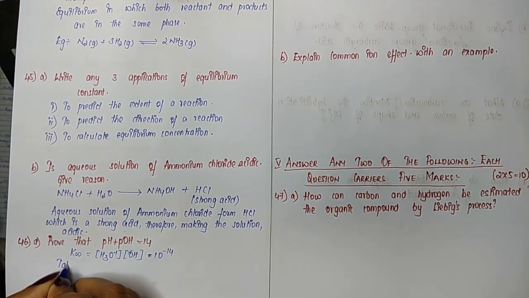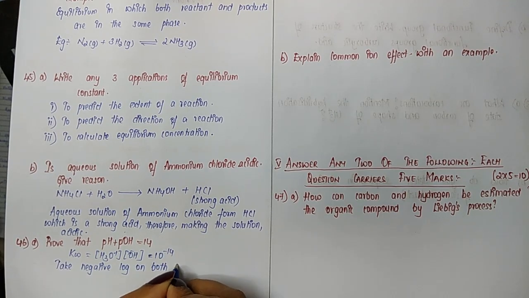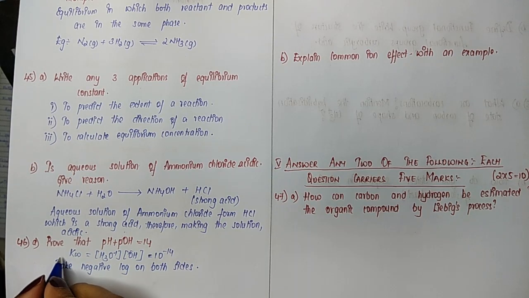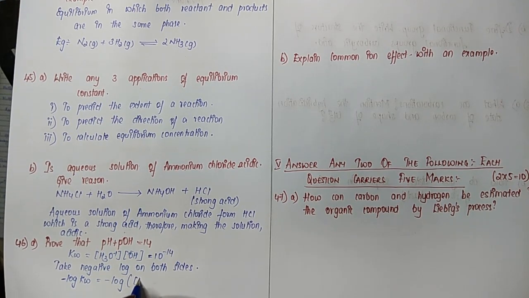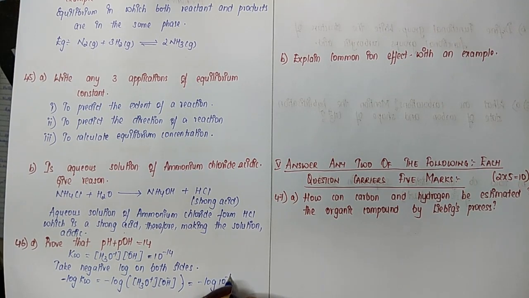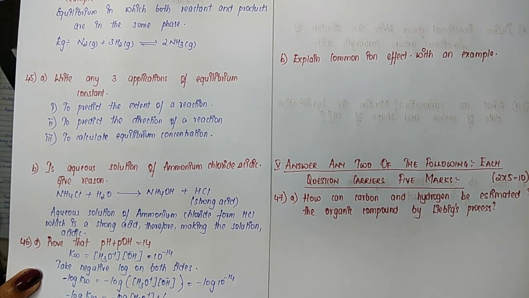Now when we take negative log on both sides, this will give minus log Kw, which is equal to minus log of H3O+ minus log of OH-, which is equal to minus log of 10 to the power minus 14.